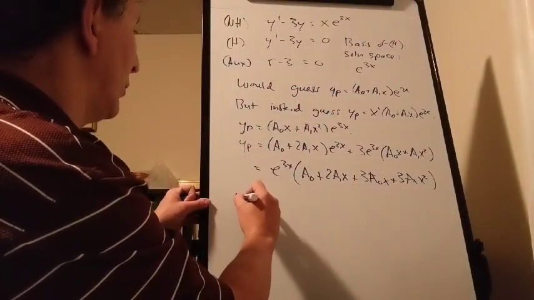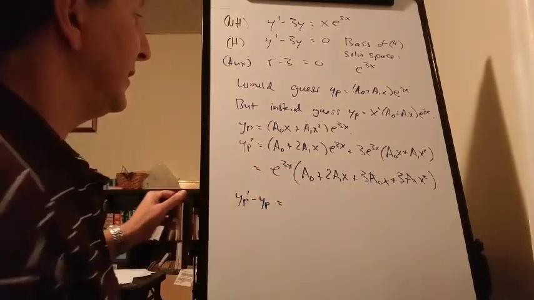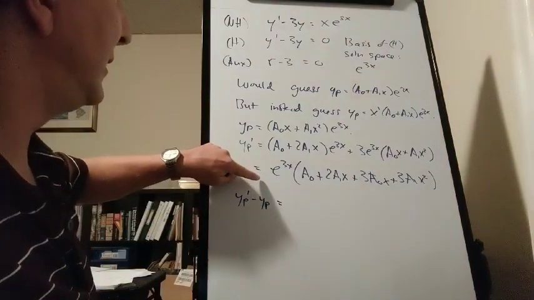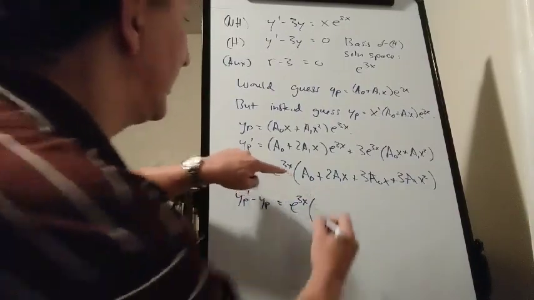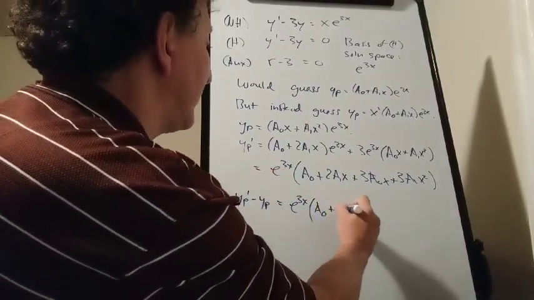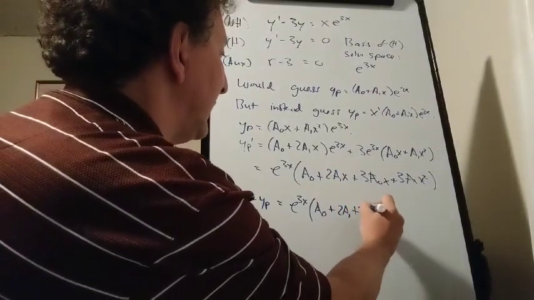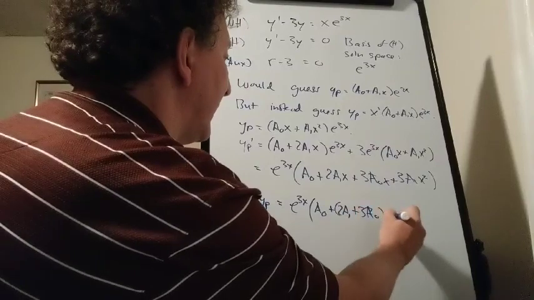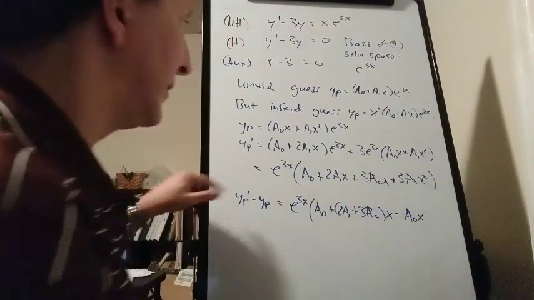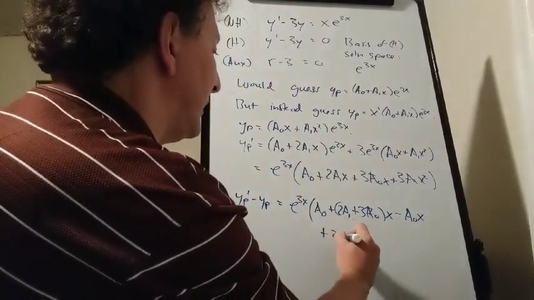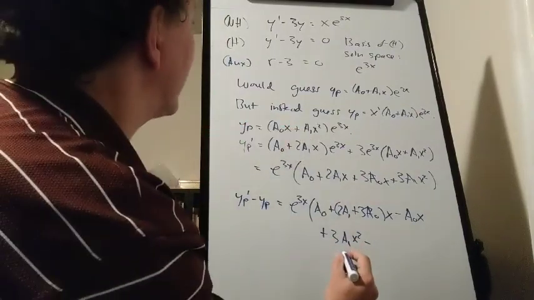Alright, now yp prime minus yp equals e to the 3x times a naught plus 2a1 plus 3a naught x minus a naught x plus 3a1x squared minus a1x squared.